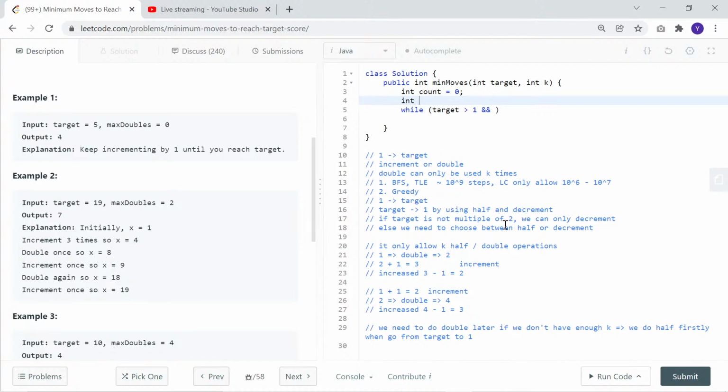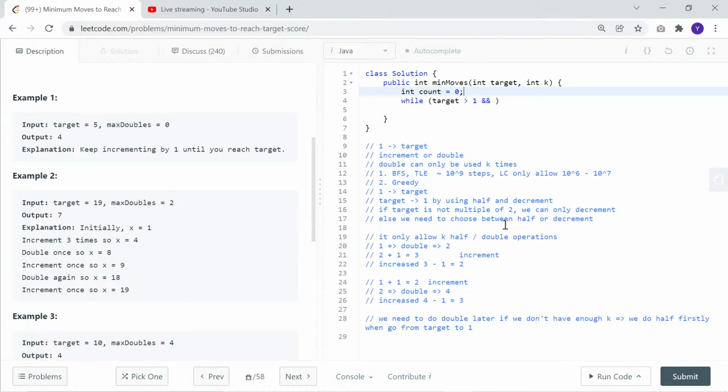Actually we don't need another count, we can actually just decrement the k.